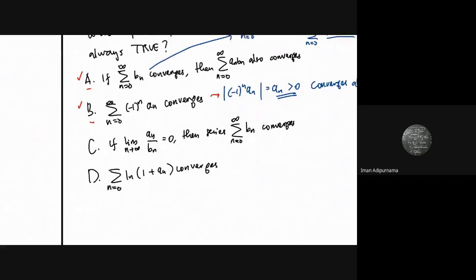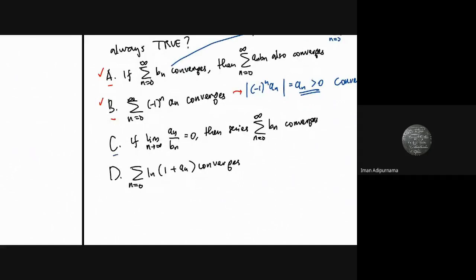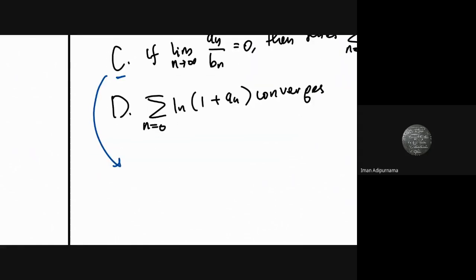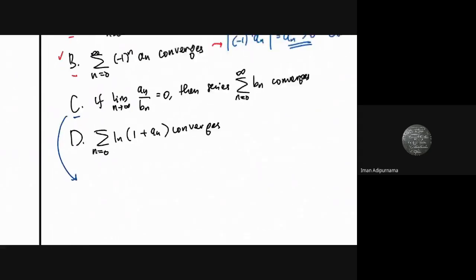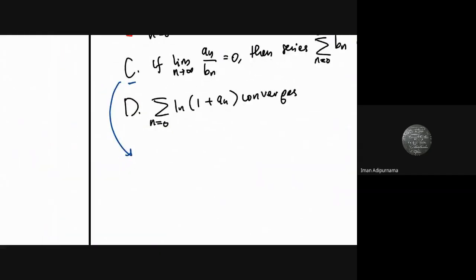Now let's look at C. Option C says that the limit of an over bn is 0.